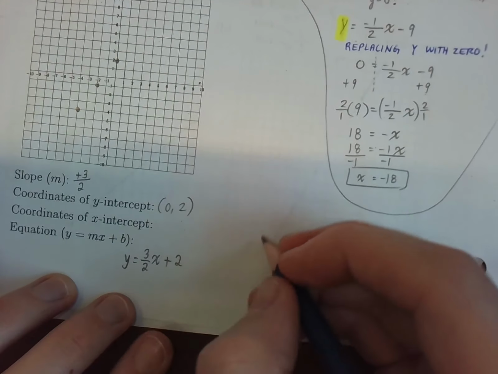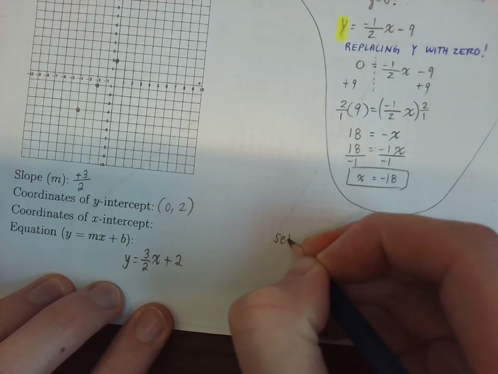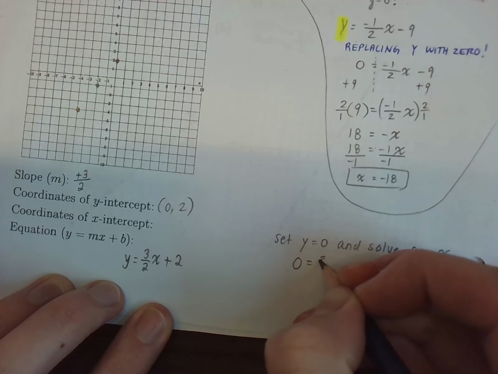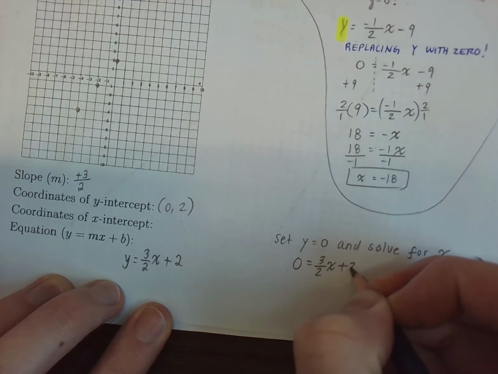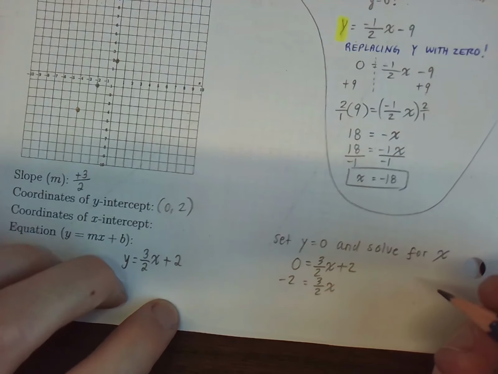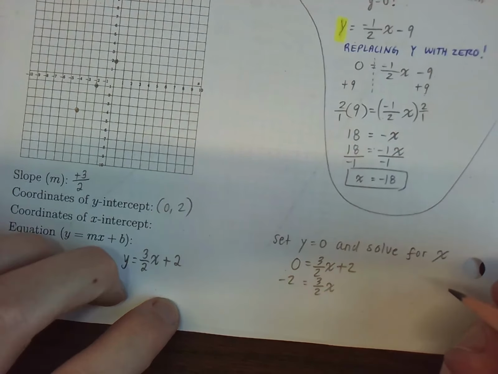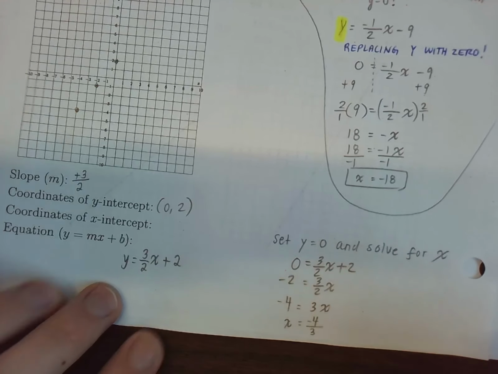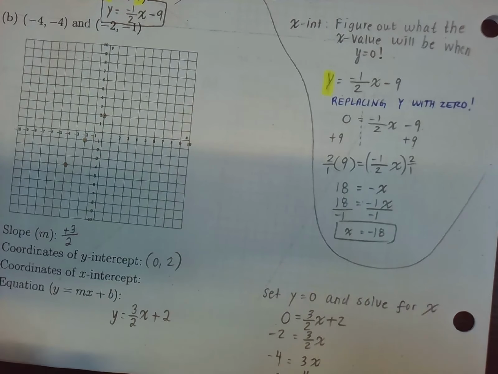Find the x-intercept: set y equals 0 and solve for x. 0 equals 3 over 2x plus 2, so minus 2, then divide by 3 over 2. Negative 4 over 3.